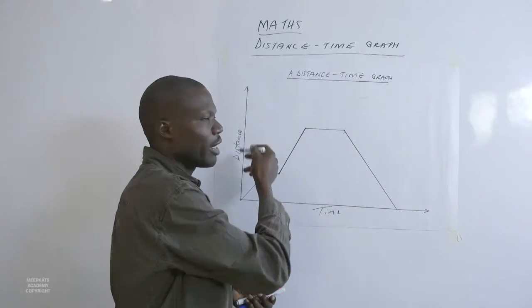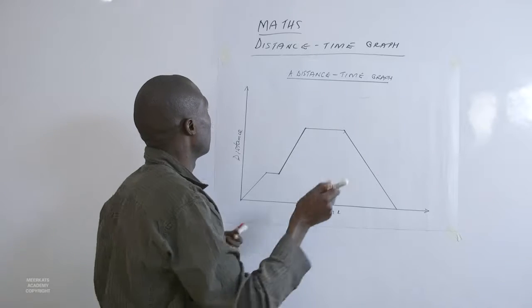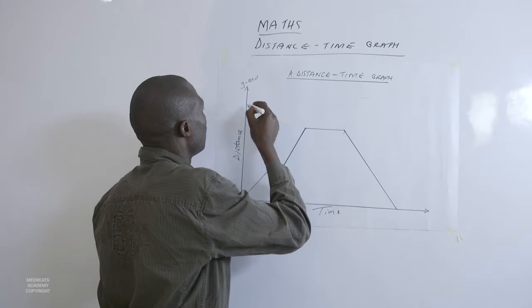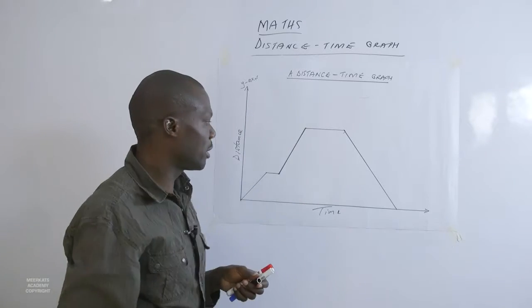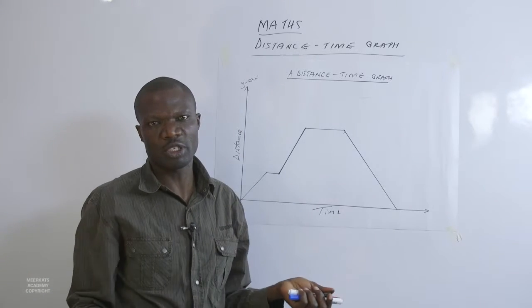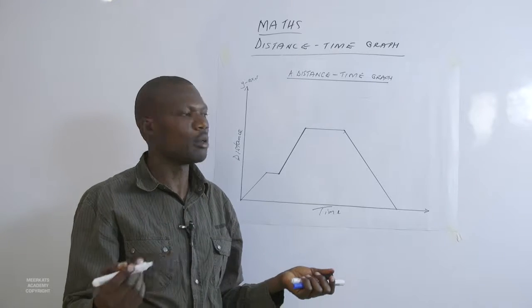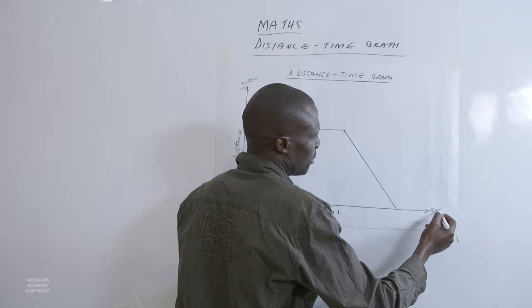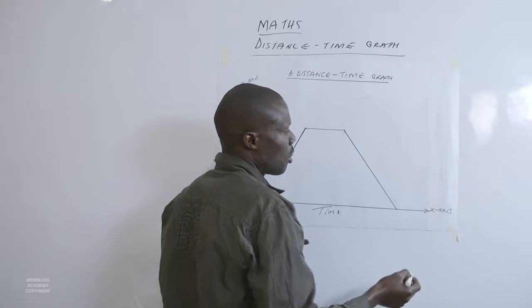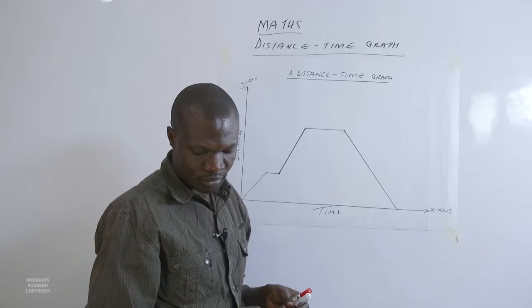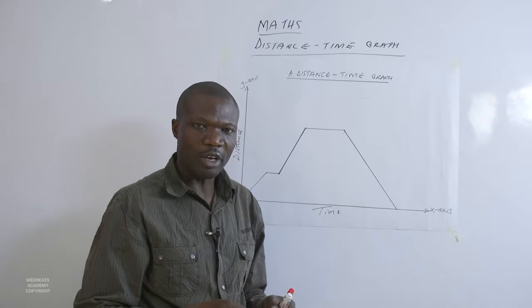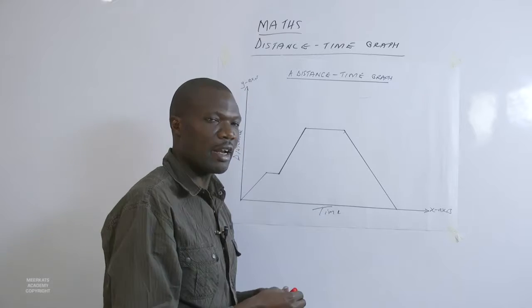On the y-axis here, we have the distance, which usually depends, it can be in kilometers, it can be in meters. And then on the x-axis, we have time.